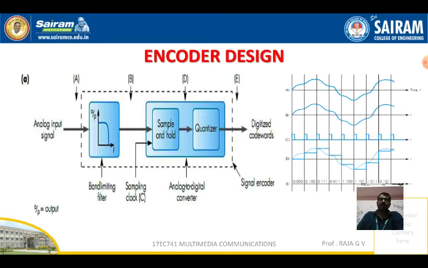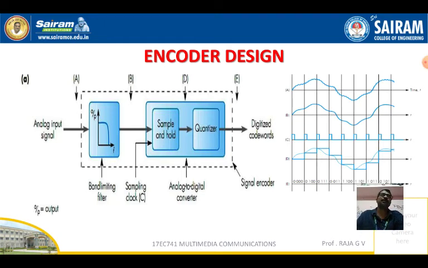So we have the band limiting filter and ADC. The band limiting filter is used to remove the selected high frequency components from the source signal, and the output of the filter is given to the ADC circuit, which comprises two components.